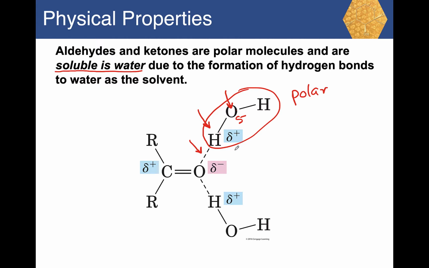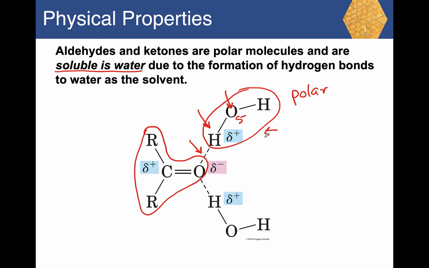So notice again, these molecules here do not contain a hydrogen bonded to an oxygen. It's the water that contains the hydrogen, so therefore the hydrogen bonding is present because of water. So that's why aldehydes and ketones tend to be soluble in water.